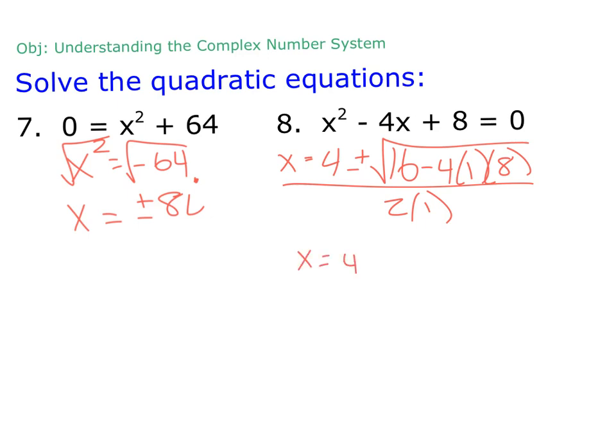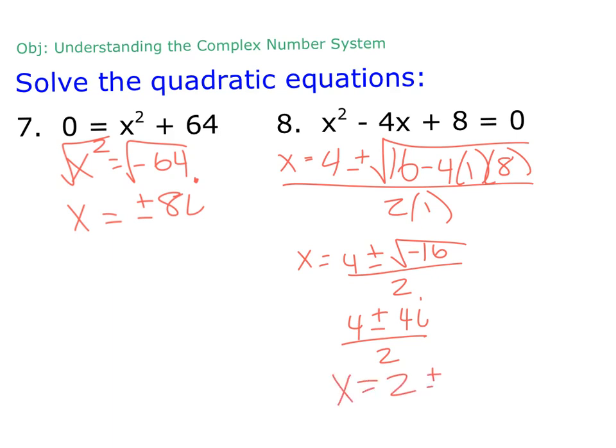So 4 plus or minus the square root of 16 minus 32 is negative 16, all over 2. So then we get 4i over 2. So x equals 2 plus or minus 2i.